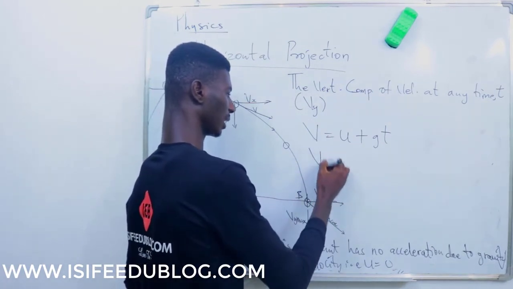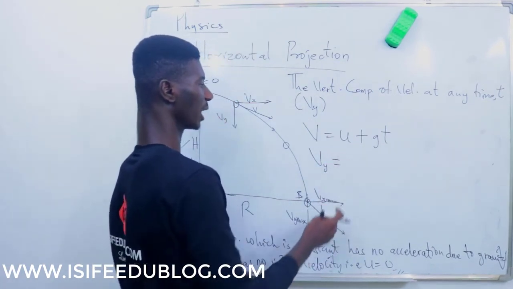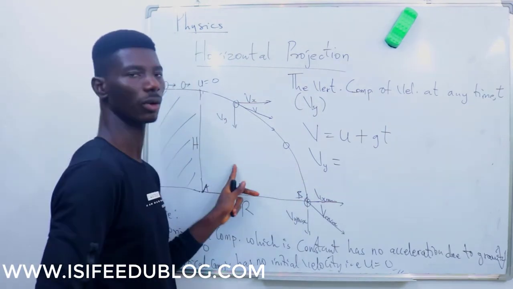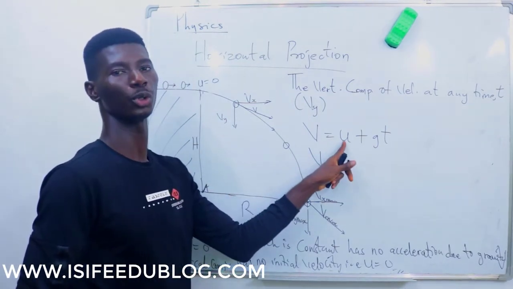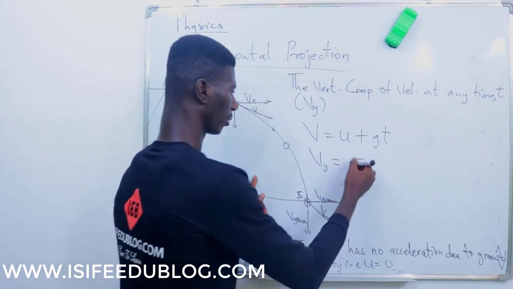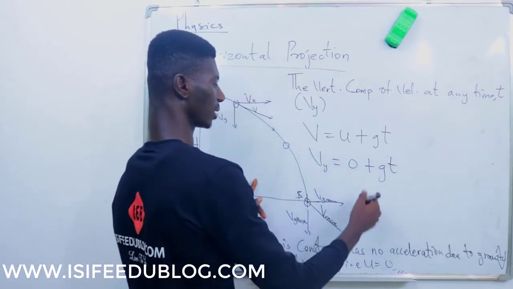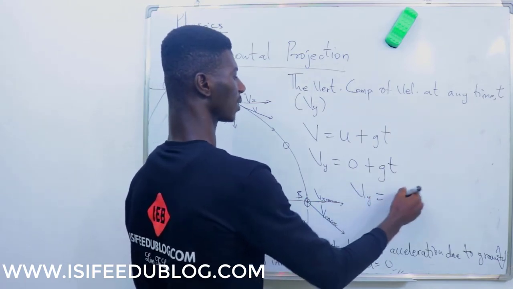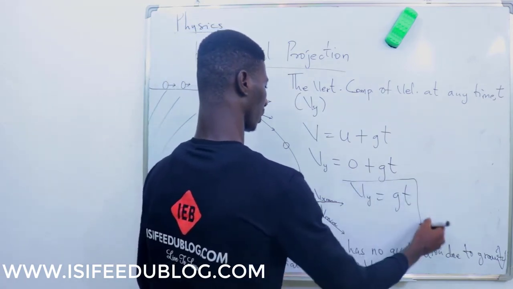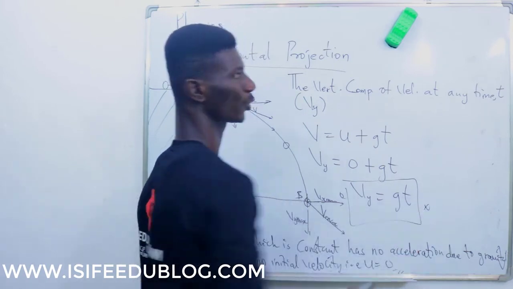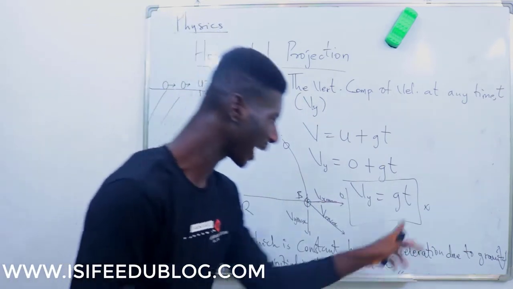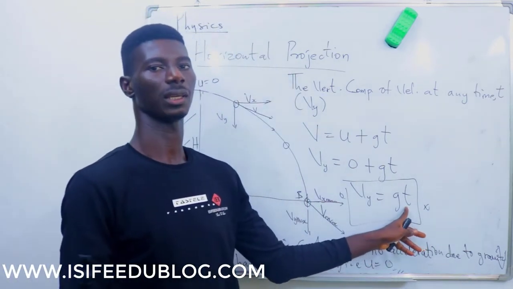Now our interest is in v sub y. Remember, the vertical component has no initial velocity, u is 0, while it has gt. So 0 plus this, v sub y gives us gt. This is the first formula for the vertical component of the velocity at any instant t.